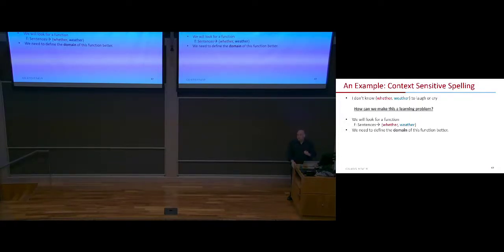And this will be my domain. When you say that this is your domain, you also have some idea of how to encode the sentence. So I said F maps sentences to something. Really, we need to figure out, how do we represent a sentence? Any suggestion of how I represent a sentence here? Yeah?